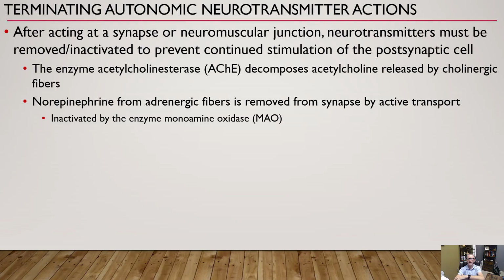All right, so we know that once we release that neurotransmitter, somehow that neurotransmitter has to be removed out of that synaptic cleft. We already know that acetylcholinesterase decomposes or gets rid of acetylcholine from those cholinergic fibers.